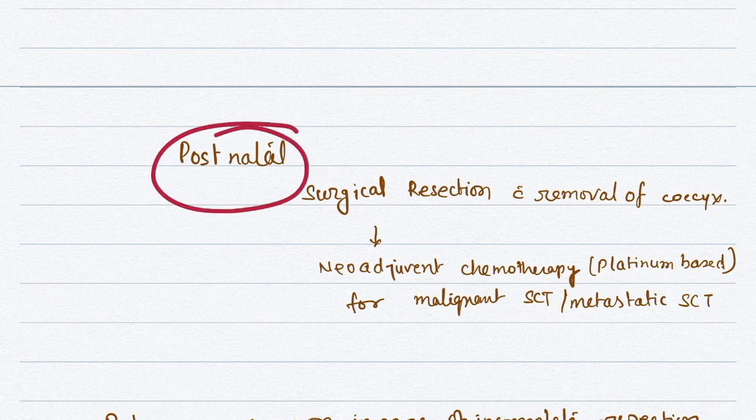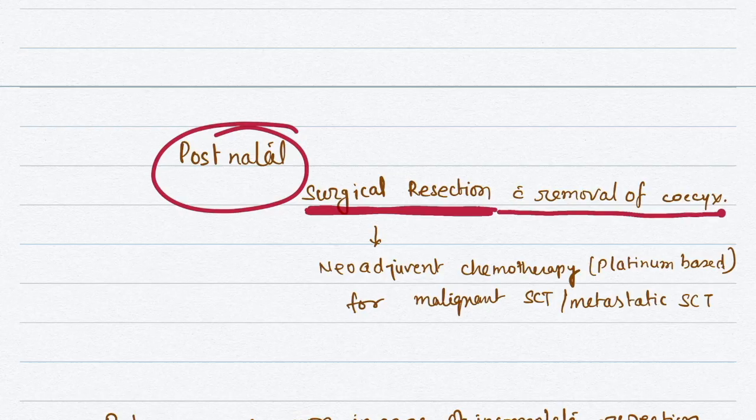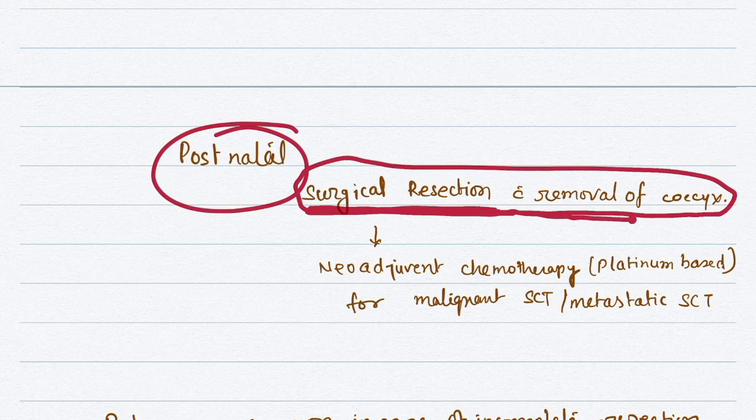Postnatally, management of sacrococcygeal teratoma is complete surgical resection with removal of the coccyx, which is very important, because in case of incomplete resection, chances of recurrence are very common.